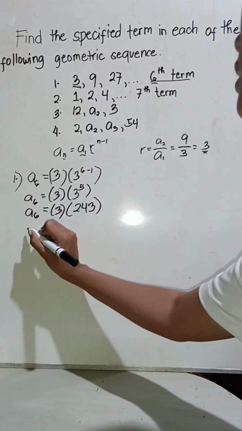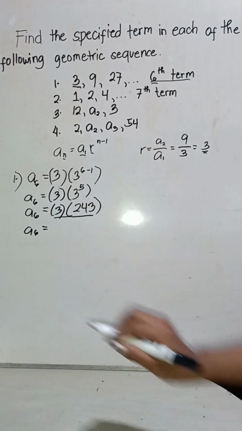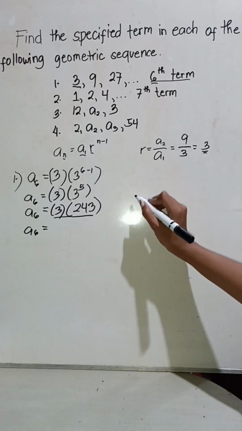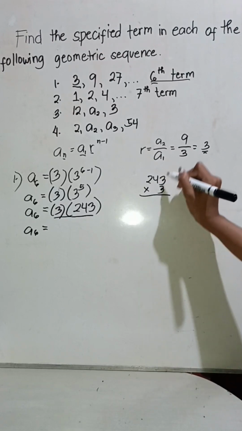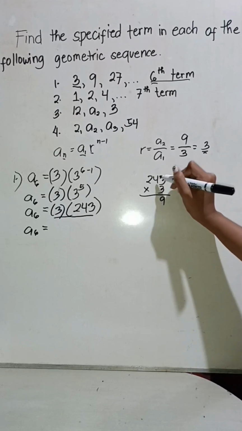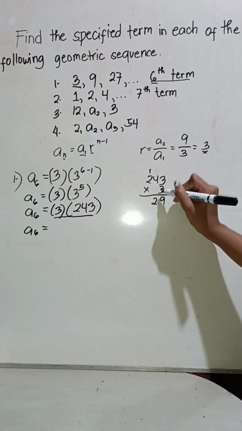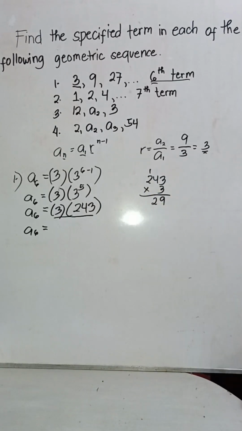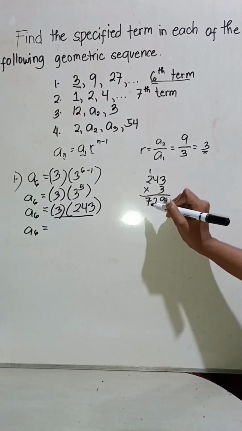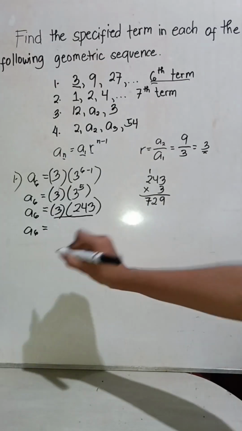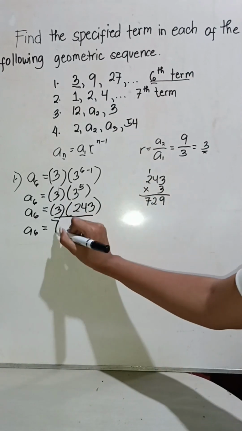So a sub 6 is equal to, now let us multiply these two numbers, 243 times 3. 3 times 3 is 9. 3 times 4 is 12, I carry 1. 3 times 2 is 6 plus 1, is 7. Therefore, our a sub 6, or the sixth term of our geometric sequence, is 729.